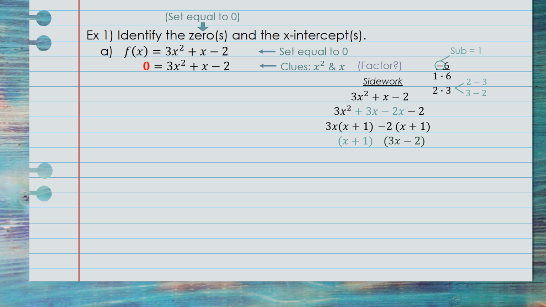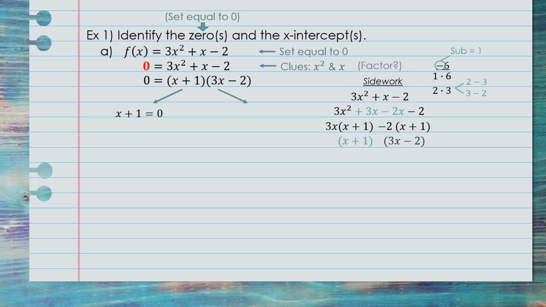So we take the factored form back into the equation, which means we now have 0 equals x plus 1 times 3x minus 2. Since this is of the form some number times some number equals 0, that means one of the numbers must be 0. So we take each value and set it equal to 0. The first value, x plus 1, we set equal to 0.